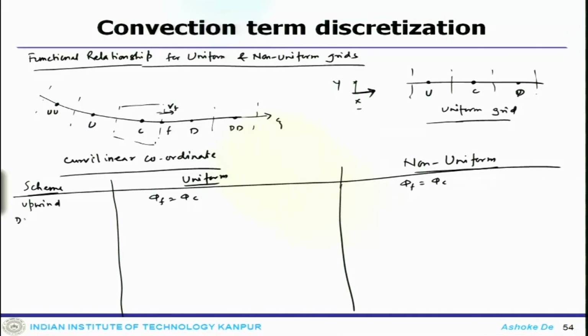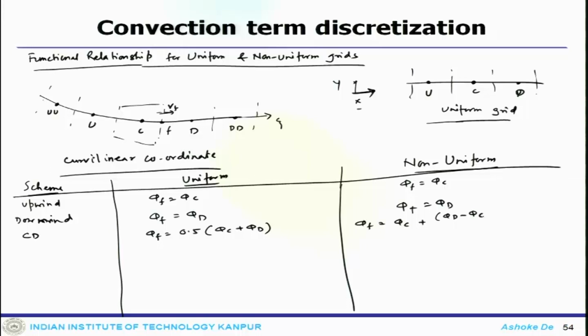For the downwind scheme, phi f is phi d, and in this case also phi f is phi d. For CD, phi f is 0.5 into phi c plus phi d, and in this case phi f equals phi c plus phi d minus phi c by xi d minus xi c, multiplied with xi f minus xi c.